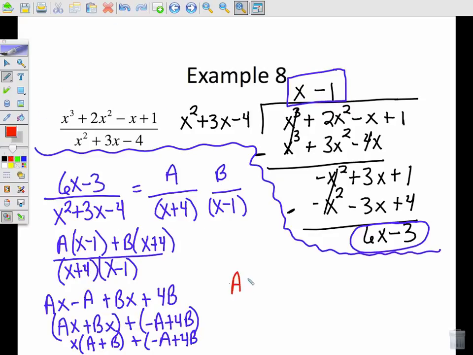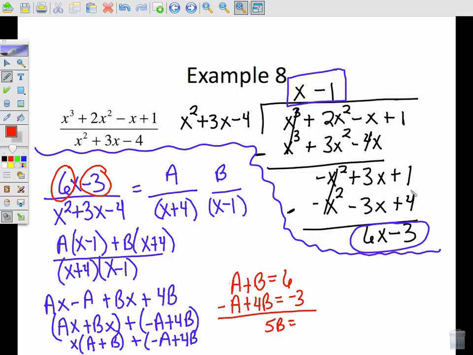All right, here's my system of equations then. It would be a plus b equals 6, looking at the coefficient. So a plus b has to equal 6, and negative a plus 4b has to equal negative 3. That's my constant right here.